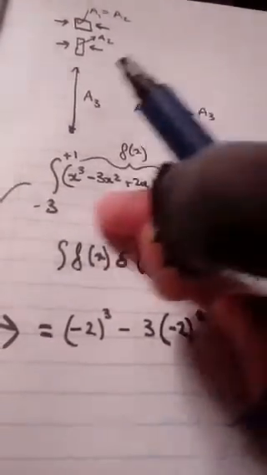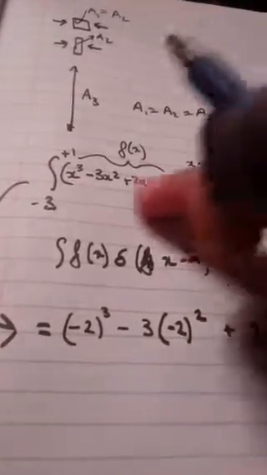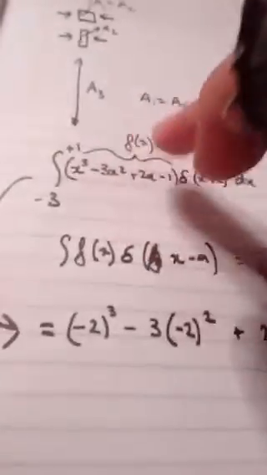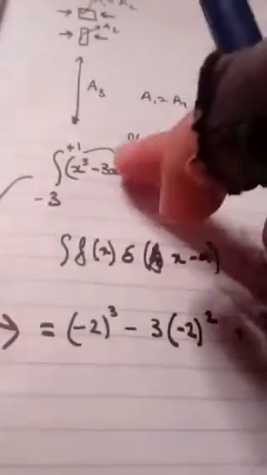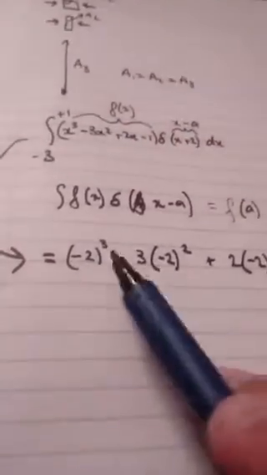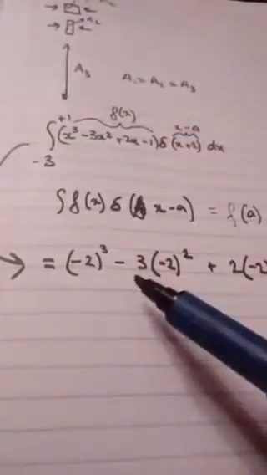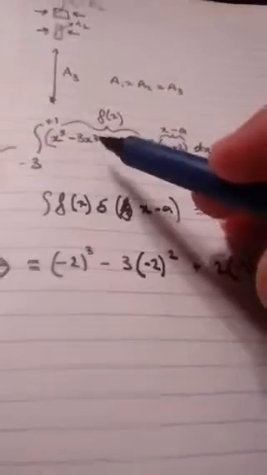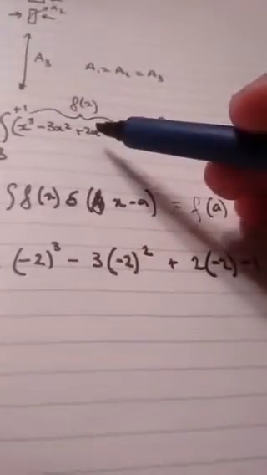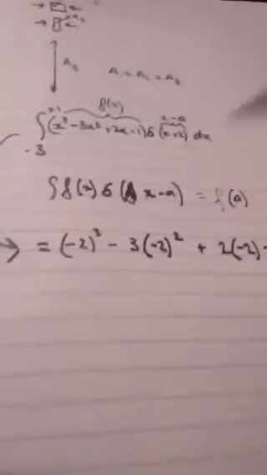And then we chuck it into here. So we get the minus a, and we put it in here. So minus a all cubed, and then a squared, like minus 3 times a squared, and so on. And there it is right here. So minus 2 all cubed, minus 3 times minus 2 squared, plus 2 times minus 2, minus 1.